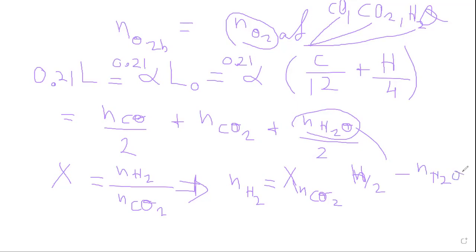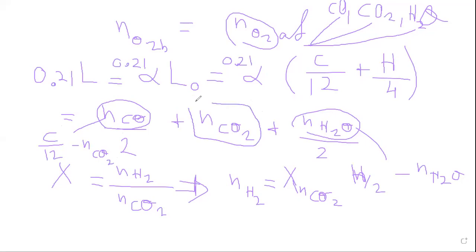And I will do the same for NCO, because NCO can also be related to NCO2, since from my previous equation I got that NCO can be replaced by C over 12 minus NCO2. So when I did this, I was able to reduce my equation to only one unknown, which is N of CO2.